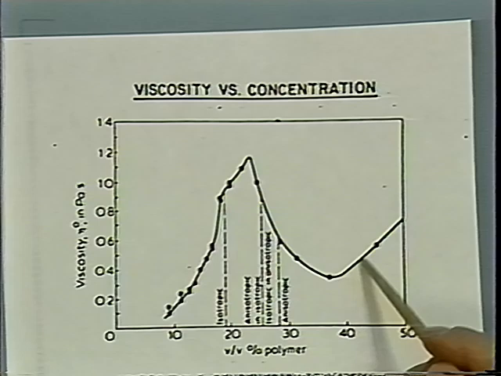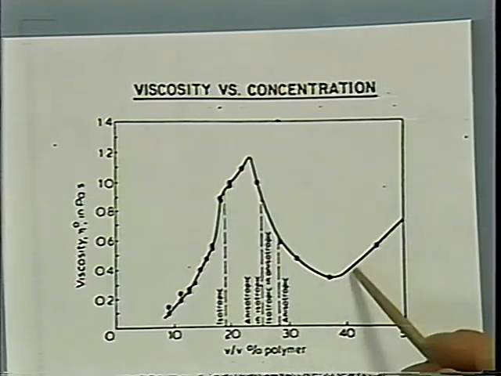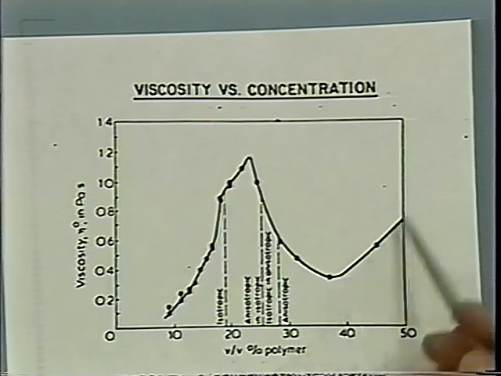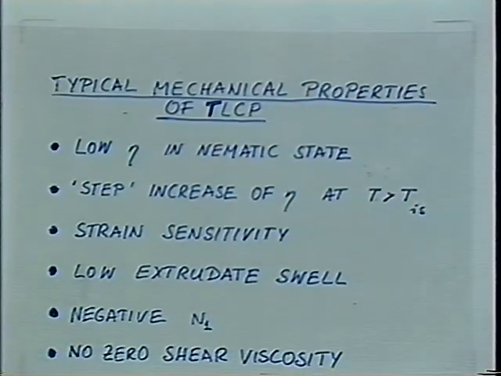And then as you add more polymer, the hindrance of the molecules increases the viscosity, and additional things might be occurring. Most of the things I'm going to discuss today will deal with thermotropic liquid crystals and not with the lyotropic systems. Typical properties of those thermotropic liquid crystals are listed here.